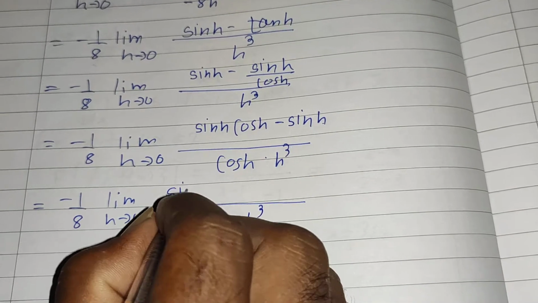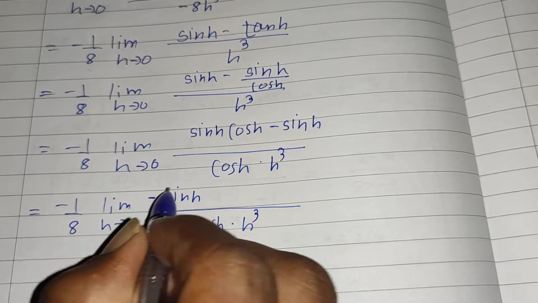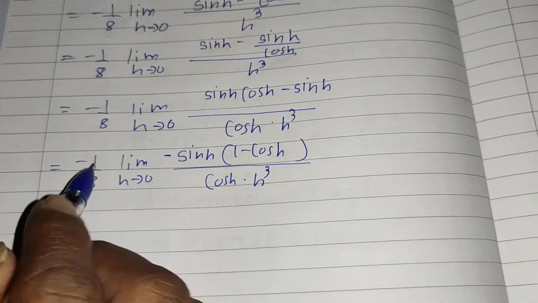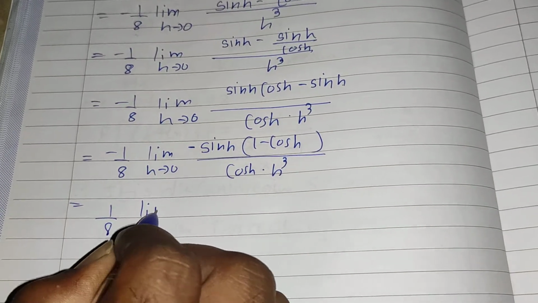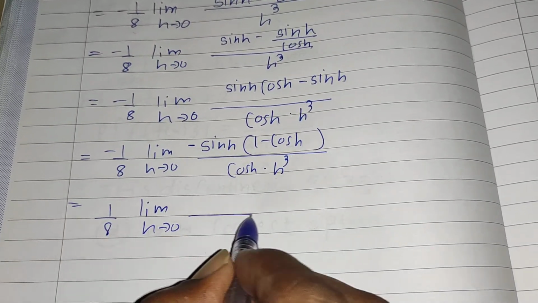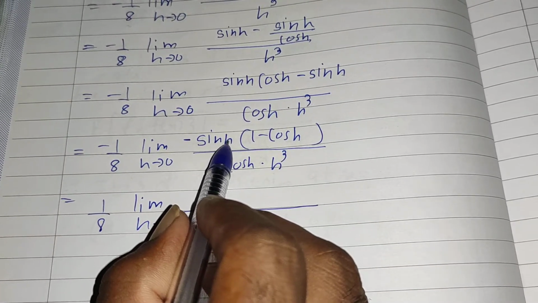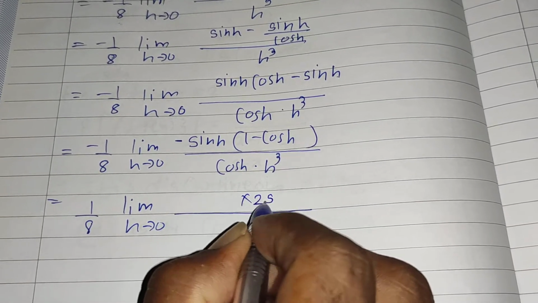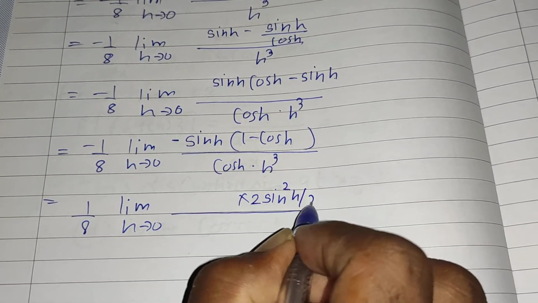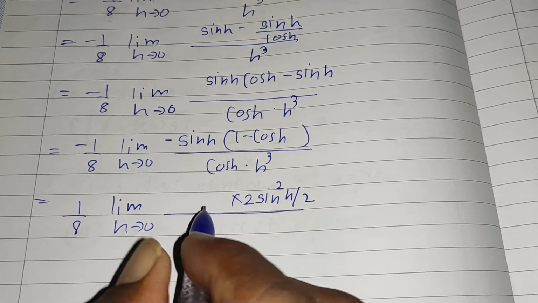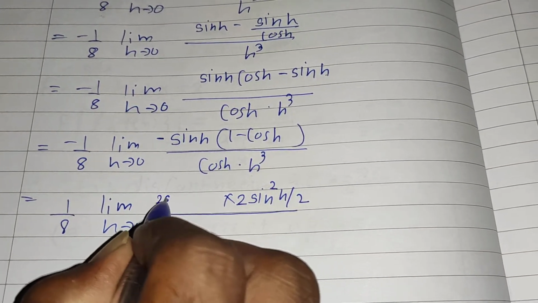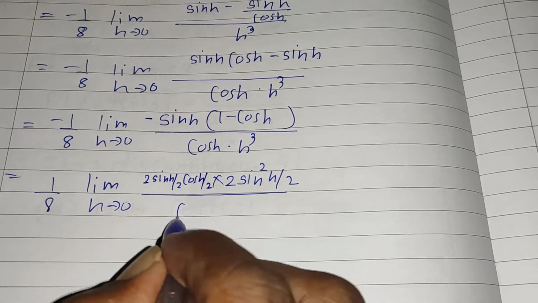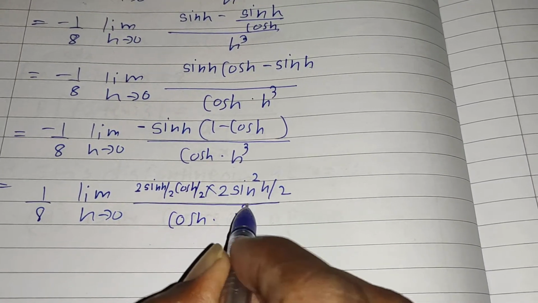Taking sin h common, but minus sin h common, inside the bracket it's 1 minus cos h. Minus minus will get cancelled, 1 upon 8. Limit h tends to 0, this sin h and this 1 minus cos h. 1 minus cos h is nothing but 2 sin square h by 2, and this sin h is replaced by the half angle formula, 2 sin h by 2 into cos h by 2. This cos h into h cube as it is.